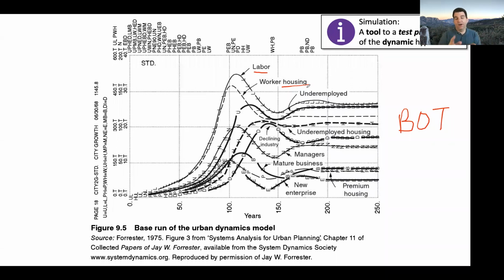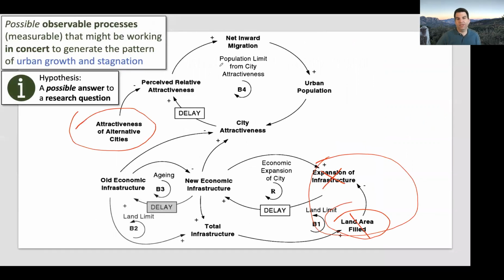But there could be other models of a city that also produce these behaviors over time. They didn't go through that. Like, you might suggest a model where putting money into worker housing will actually end up sustaining growth. And that might look fundamentally different than the model that Forrester came up with over here.